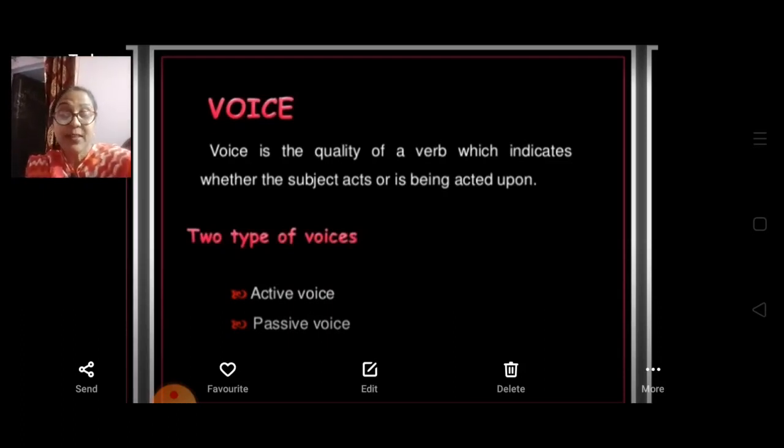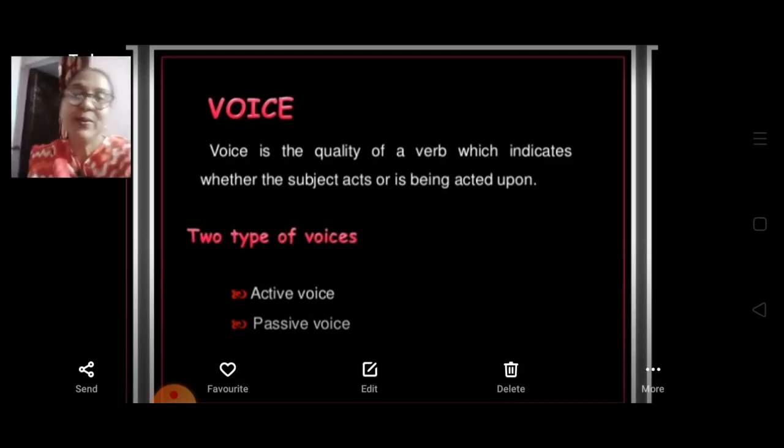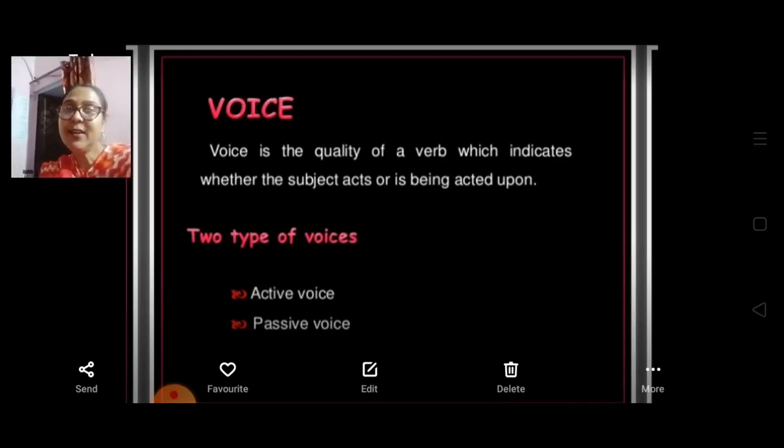So, voice is that form of the verb which indicates whether the subject is the doer of the action or something is being done to it. So, that is called voice. And voice has two parts, or you can say two types of voices. First is active voice and second is passive voice.